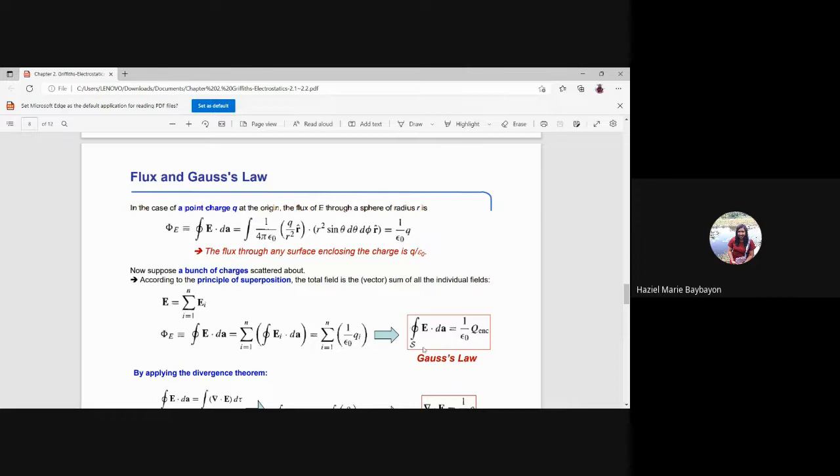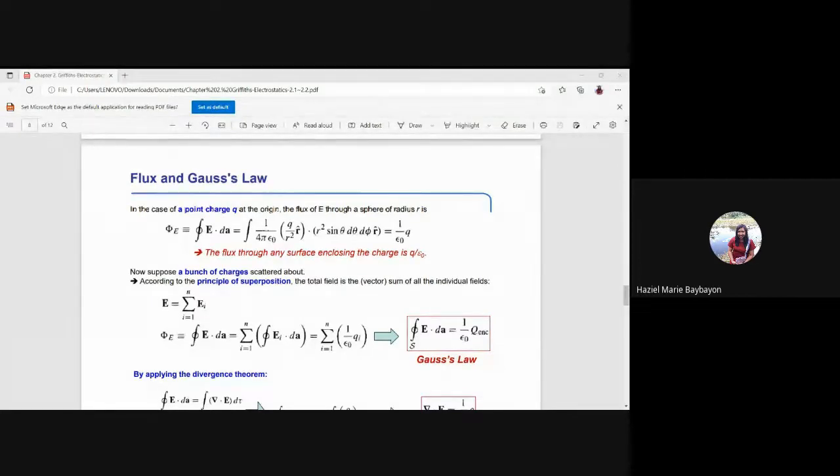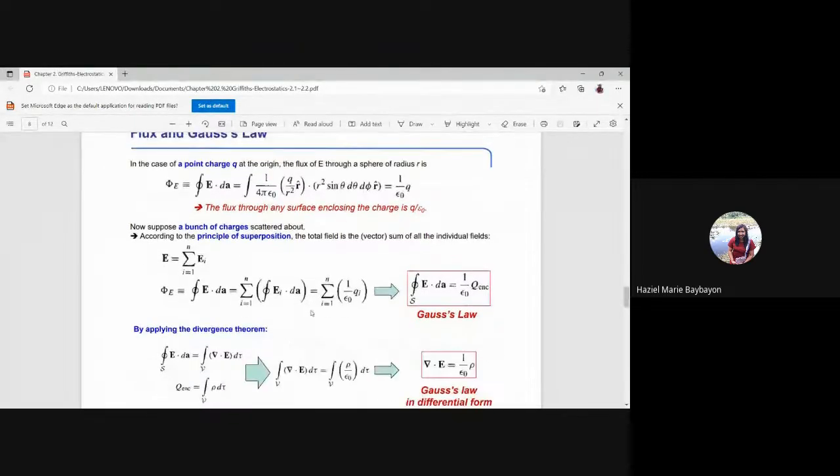And that is actually Gauss law. So take note of this, class. This is Gauss law in integral form.